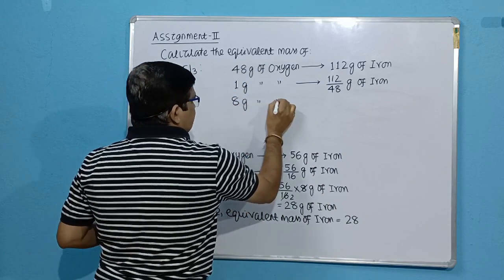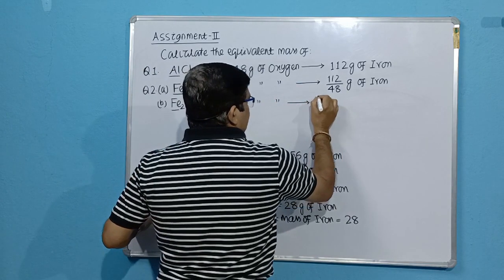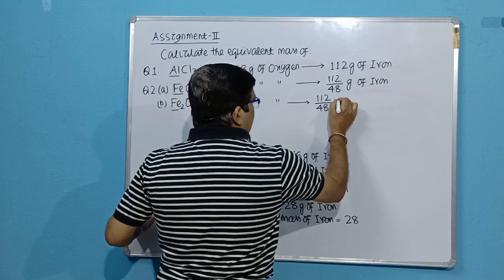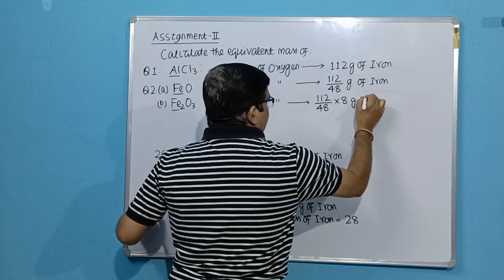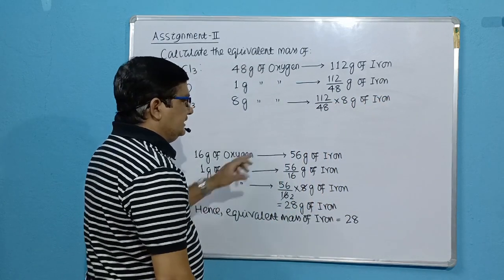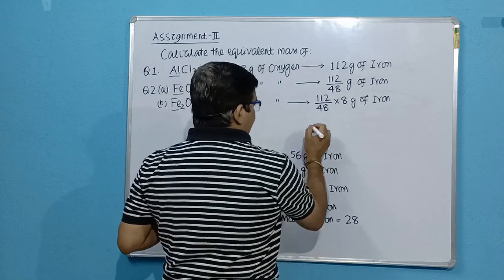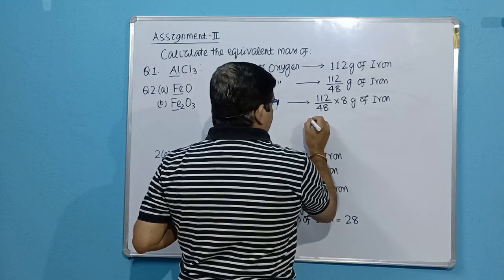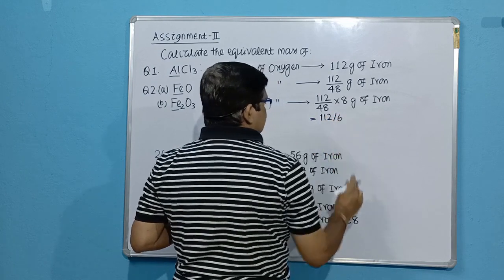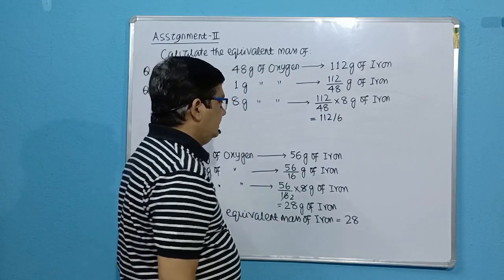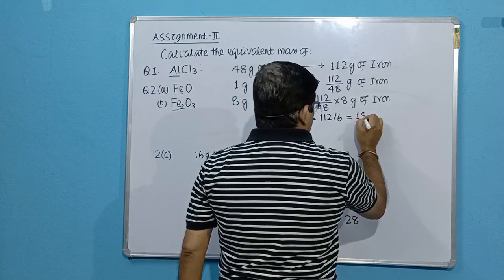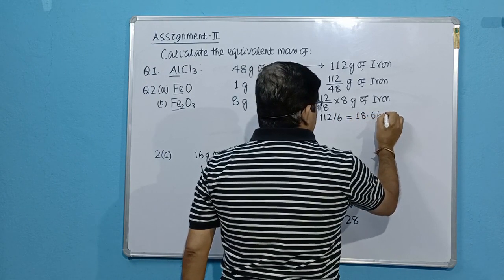So 8 gram of oxygen will combine with 112 by 48 into 8 gram of iron. So 6 times 8 is 48. So 112 by 6. It will give you 112 by 6. Okay. So it becomes 18.66.